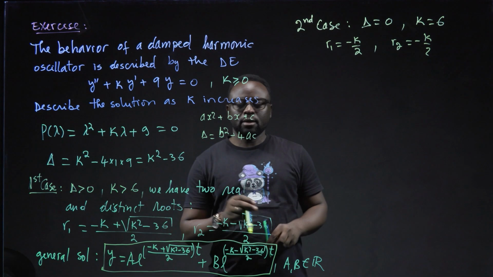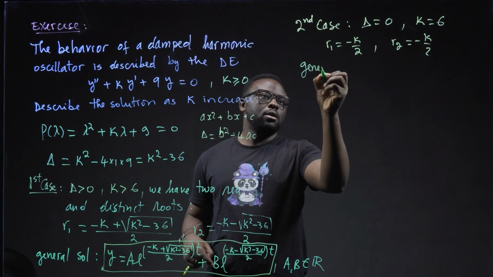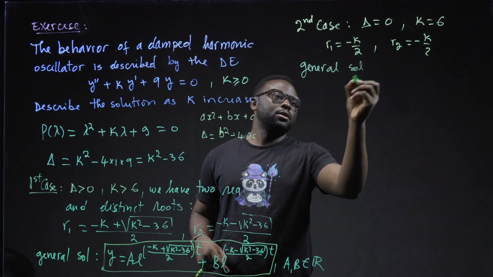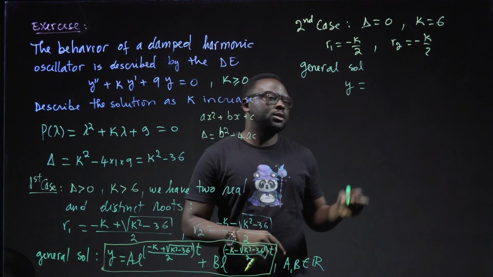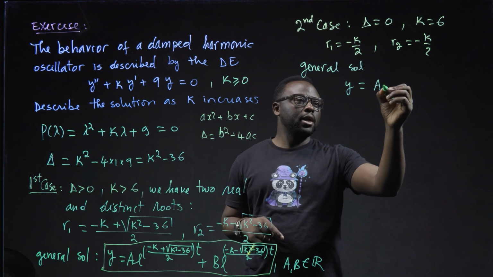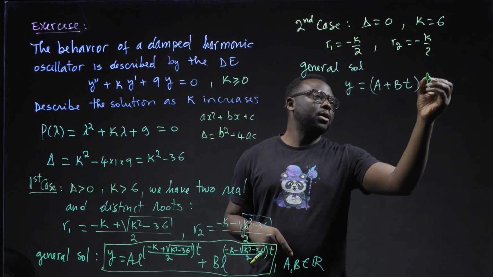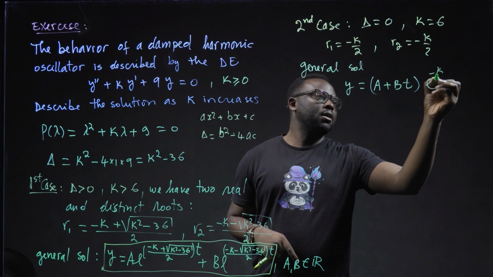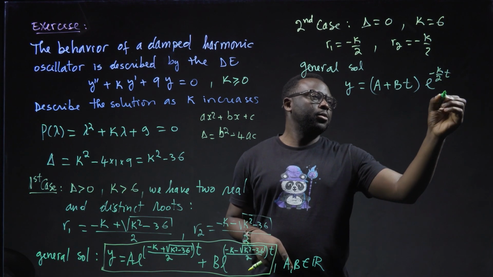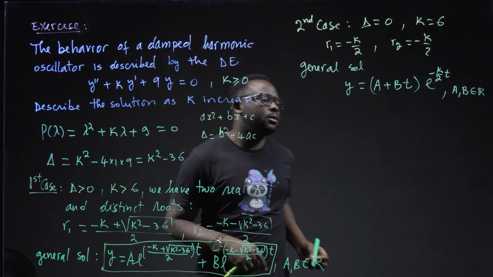The general solution is very simple, because we have a double root: y equals a plus bt times e to the power minus k over 2 t, with a and b real.